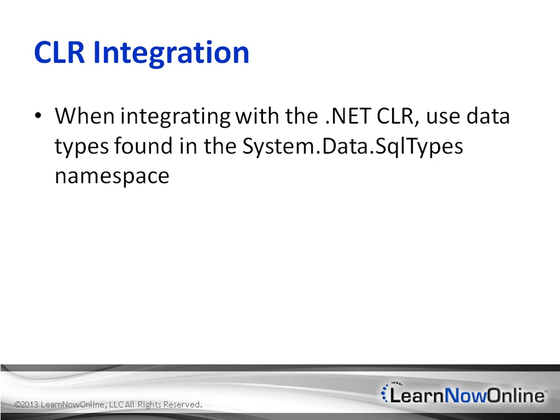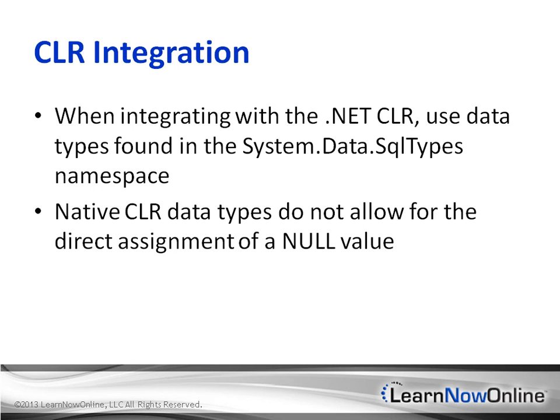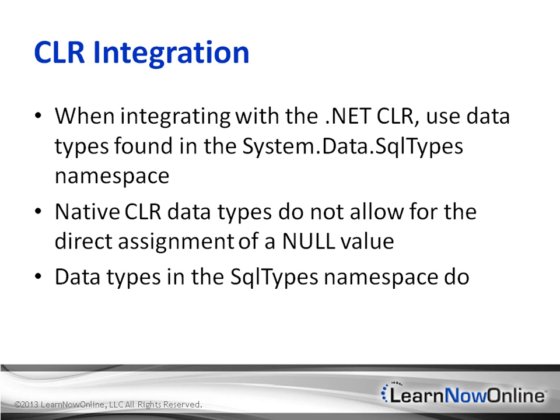When we're talking CLR integration and we're integrating with the .NET CLR, use data types found in the System.Data.SqlTypes namespace. Native CLR data types do not allow for the direct assignment of a null value. Data types in the SqlTypes namespace do.